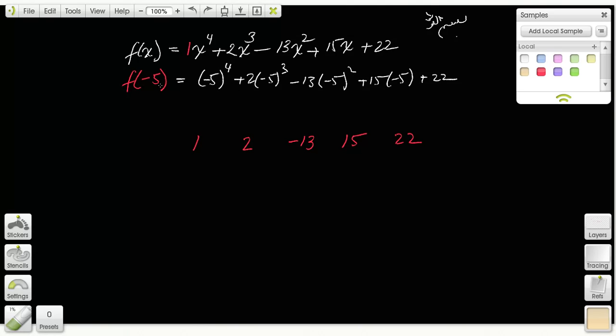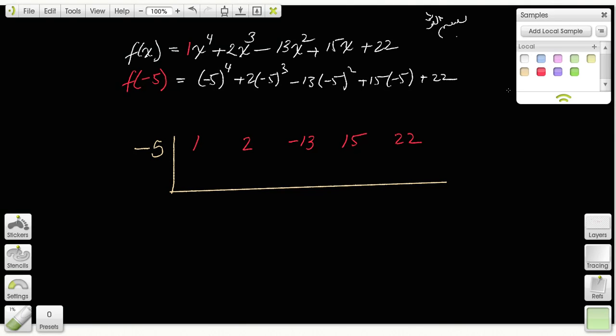So we're going to substitute negative 5, right? So we put the negative 5 over here, okay? This is just to make it neater so you don't mess up. Now, synthetic substitution is doing all of this, but in a shortcut, okay? So you have to be very careful.